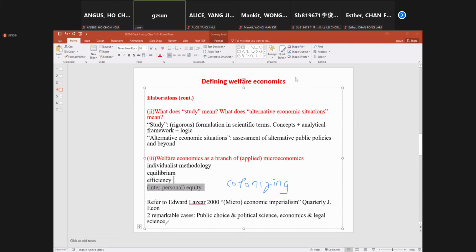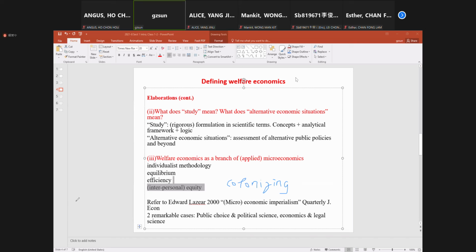If we have time, I will shortly give you 2 examples about how economists actually did that. Some people did it so well, they changed the world and changed the policy.